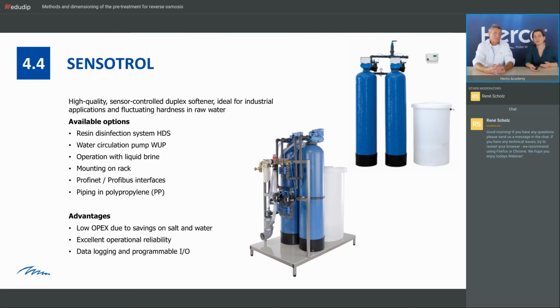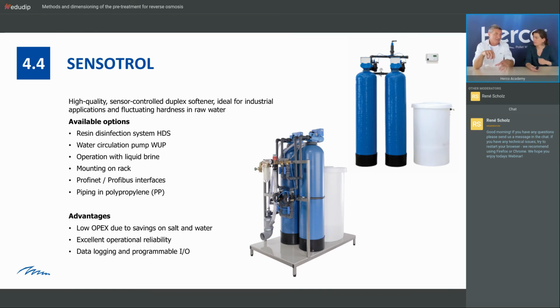Normally, you would always design for a certain number of cubic meters of water to pass, or a certain time. But if you have different water sources, for example, and different hardnesses in your feed water, it could be a good option to go for the Sensotrol, because it really measures the breakthrough.